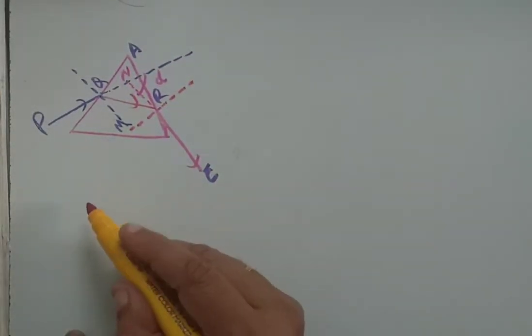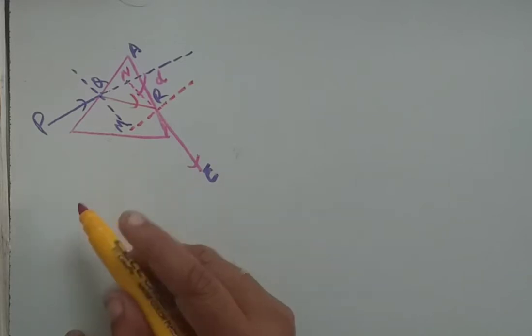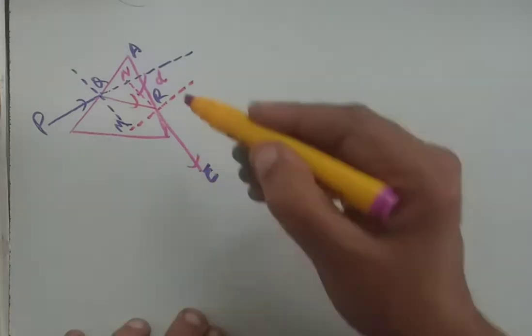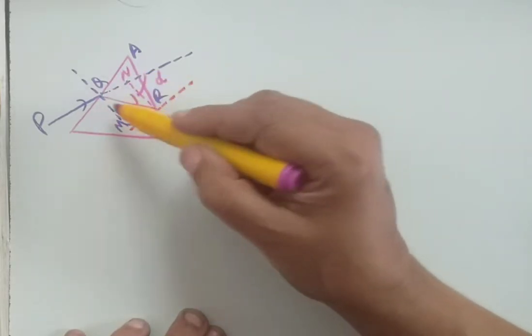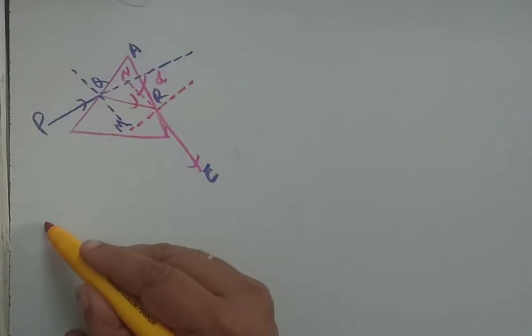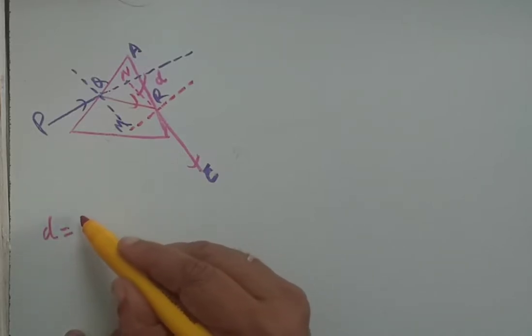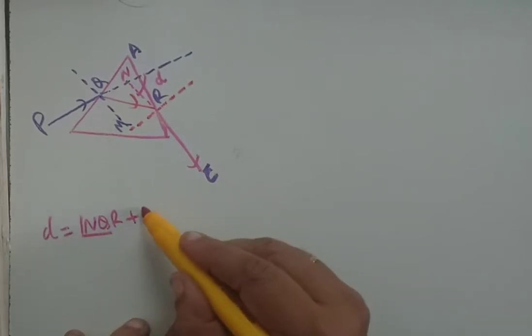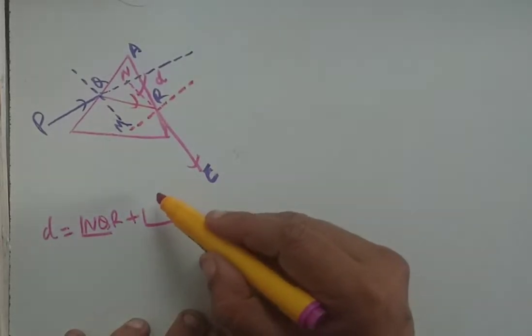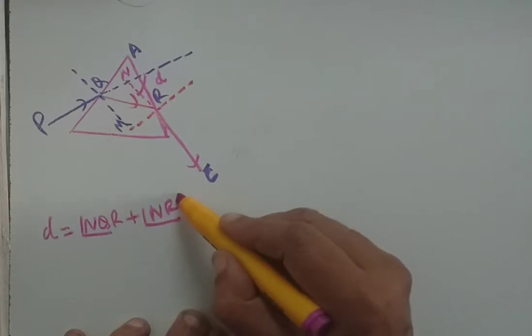From this, we can write from exterior angle property deviation as sum of NQR and NRQ. So we write angle deviation from exterior angle property is NQR angle plus NRQ.